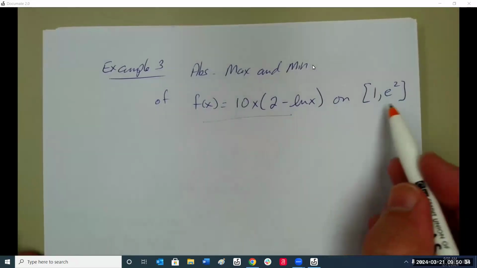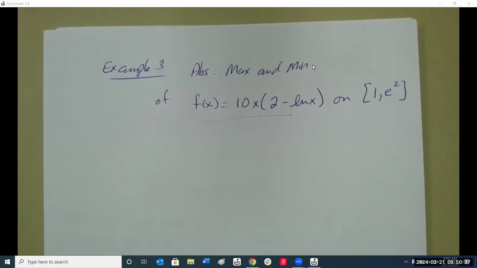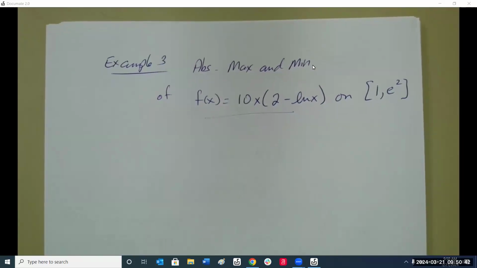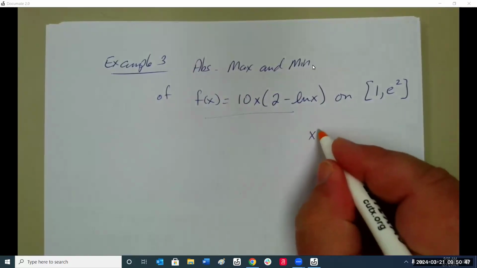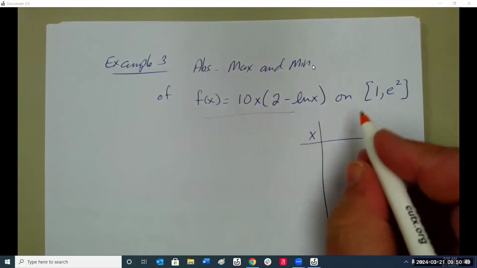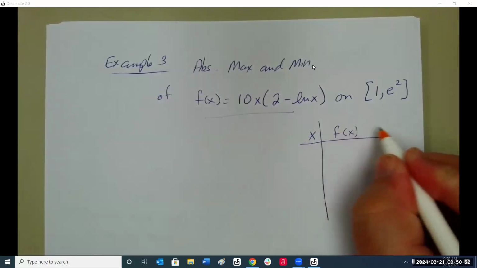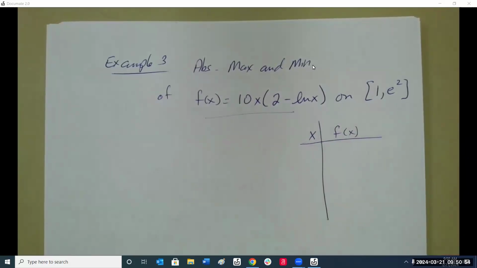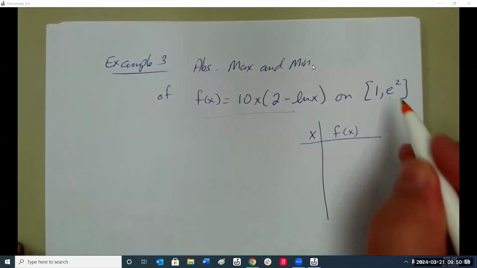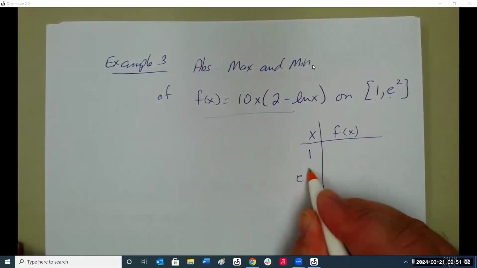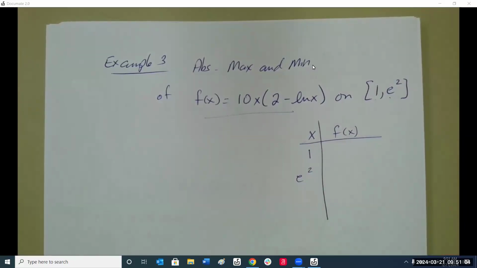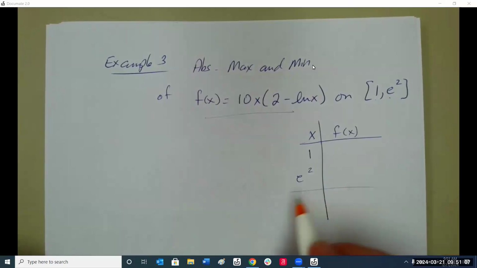So that's our function, and we have our interval here. Yeah, it doesn't look too fun, does it? Now we have to try the x values at the endpoints, and we also have to try it at all the critical points.